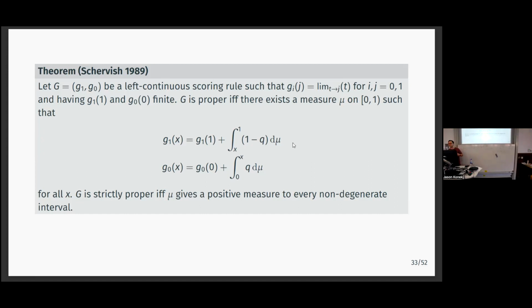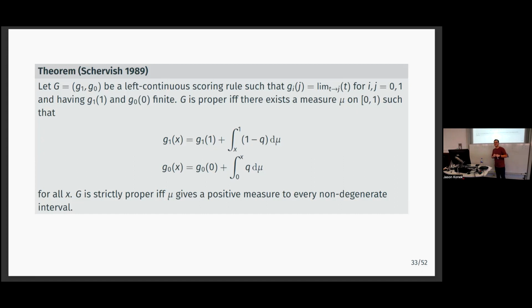And instead of M of Q dq, we just go to a measure. So what's the statement there? It's right at the 0 and 1 points. Sorry, that should be G_i of t.